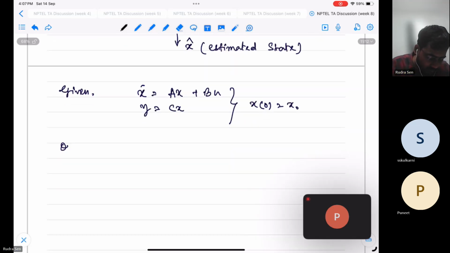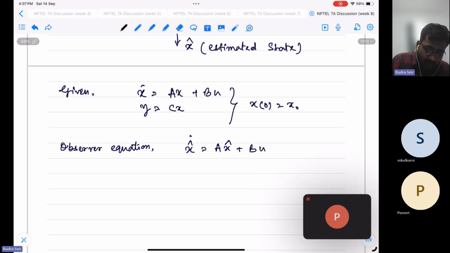So the observer equation is x hat dot equals A x hat plus Bu, and y hat equals C x hat.